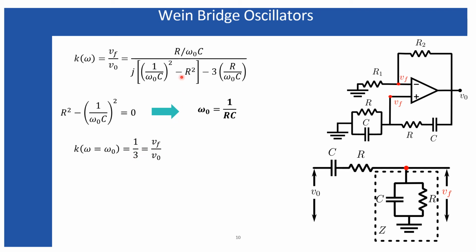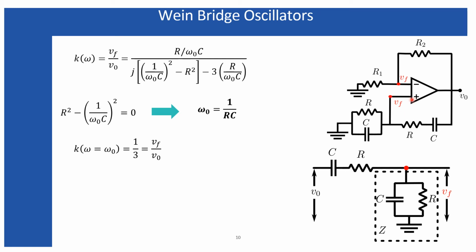And since this imaginary part is equal to 0, this K becomes 1 over 3. From the definition of K, this 1 over 3 is equal to Vf over V naught. Now since it is an operational amplifier, you can think of this circuit like a non-inverting configuration where Vf is applied as an input to the positive terminal.